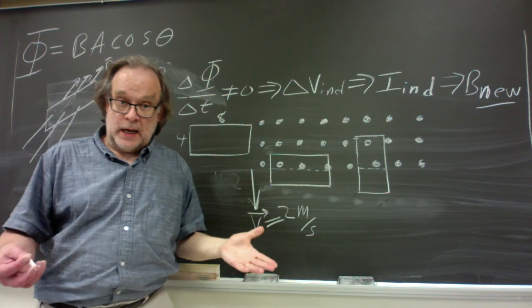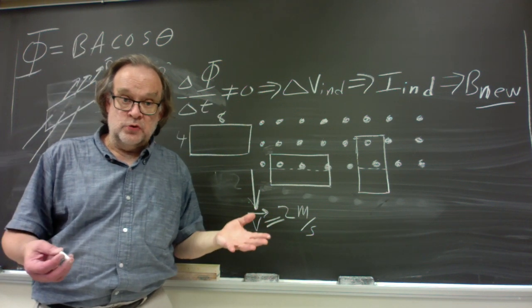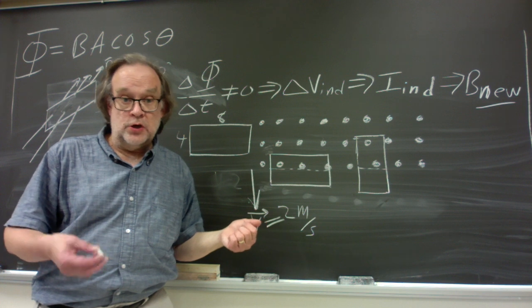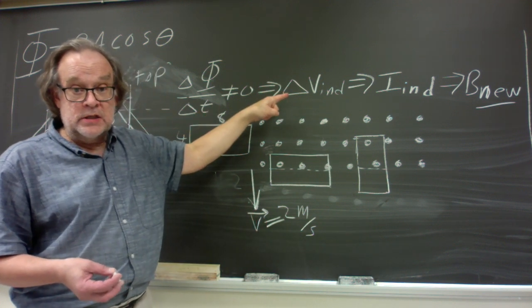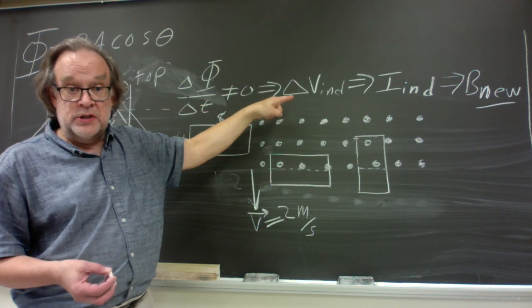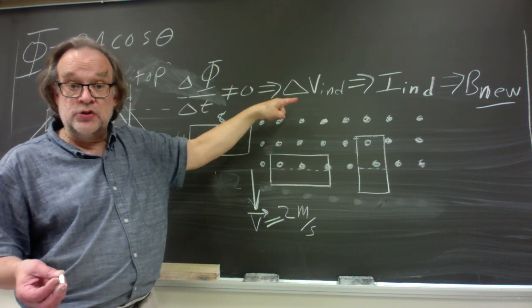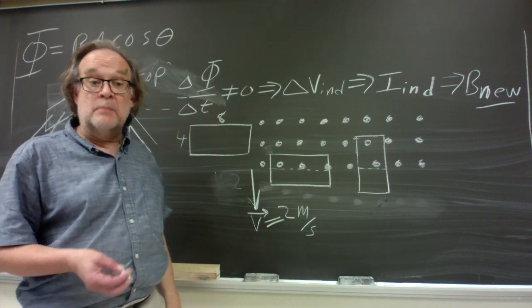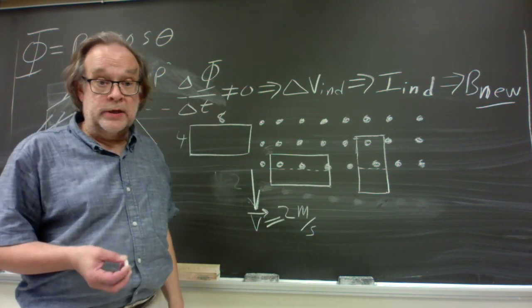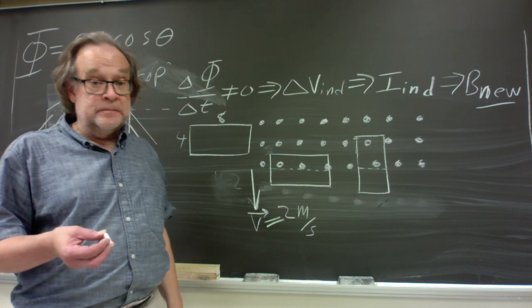And whenever that happens, we saw a few examples of that in the previous video. You read about a few examples. Whenever that happens, there is a potential difference induced. A potential difference is created in that loop without adding a battery to it or plugging it into a wall socket.